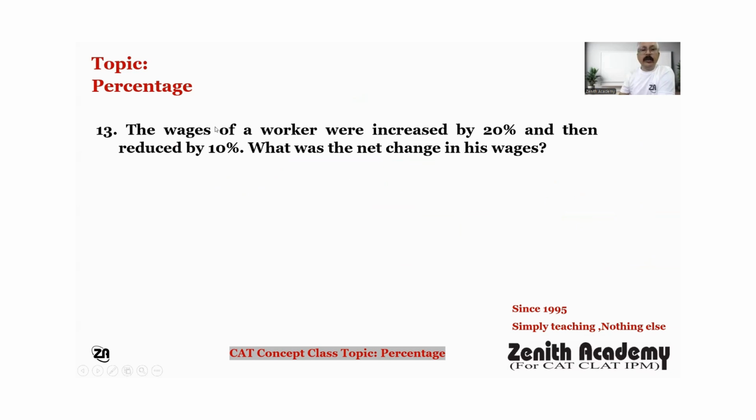Now see question number 13. The wages of a worker were increased by 20% and then reduced by 10%. What is the net change in his wages? So again x is 20%, it is increased, and y is 10%, reduced. The formula is the same: x plus y, it is 20, it is minus 10, and then plus 20 into minus 10 upon 100.